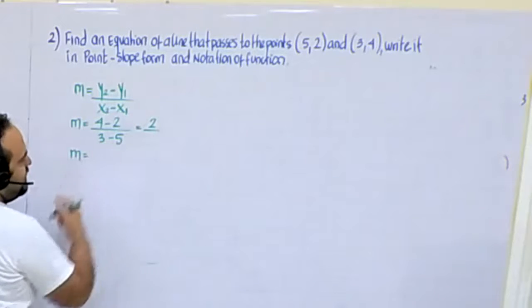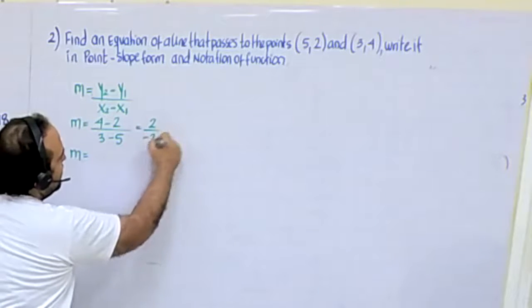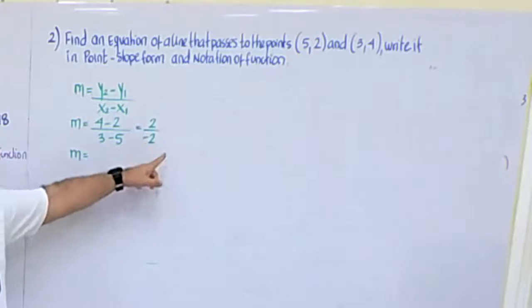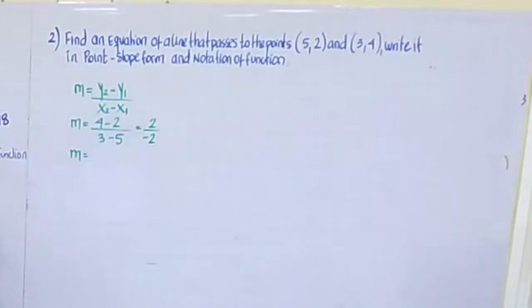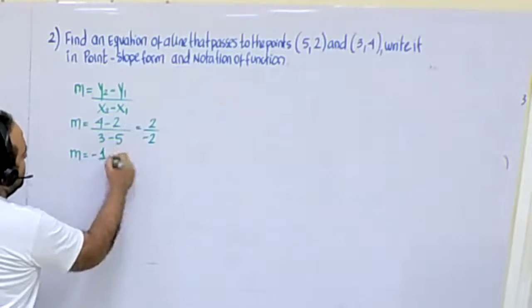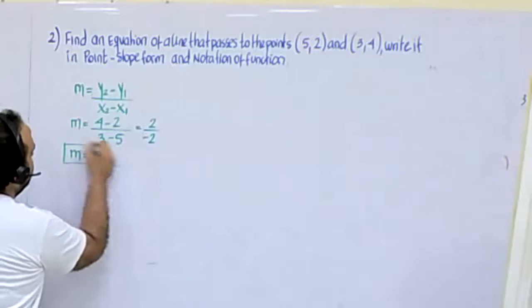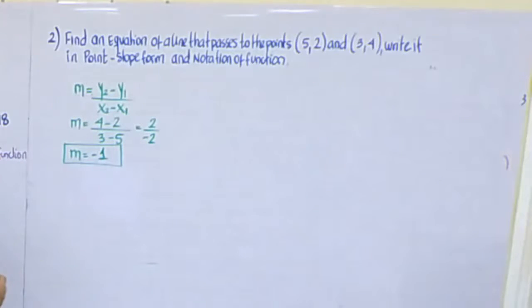Okay? And 3 minus 5 will be negative 2. And if we divide 2 by negative 2, the answer will be negative 1. Okay? This is going to be the slope of the line. Now, let's fulfill the requirements.